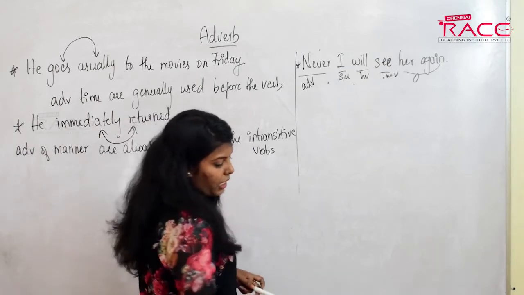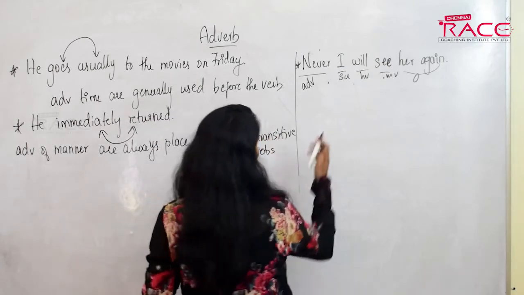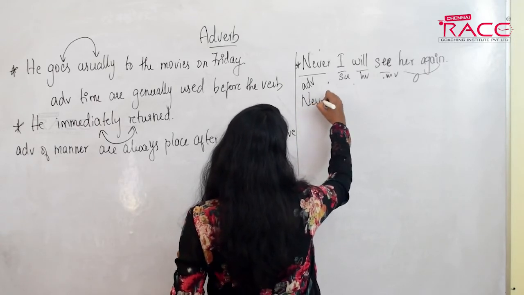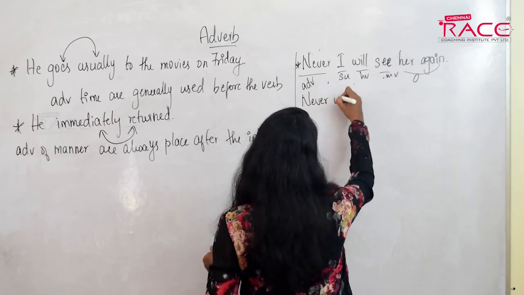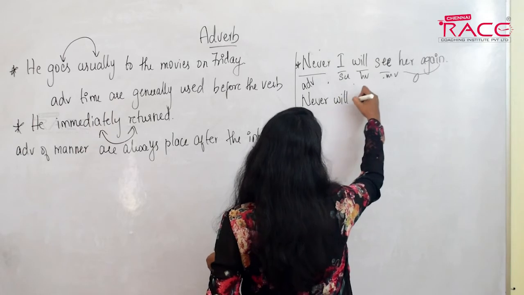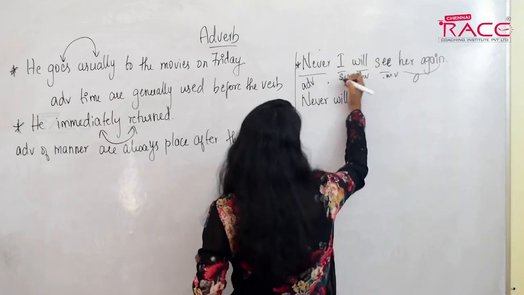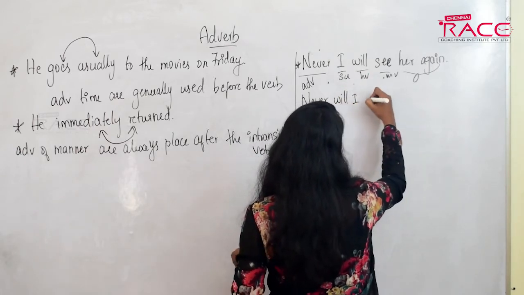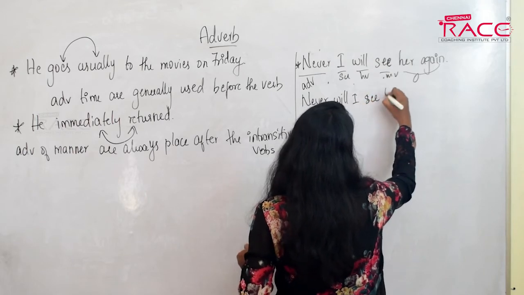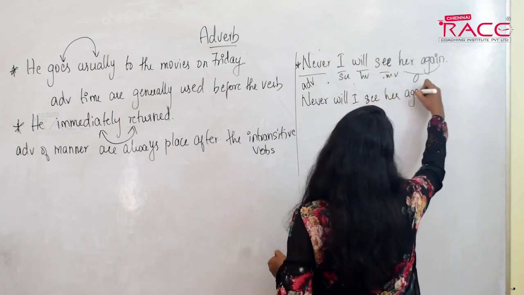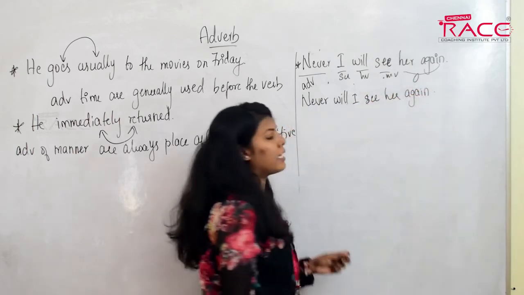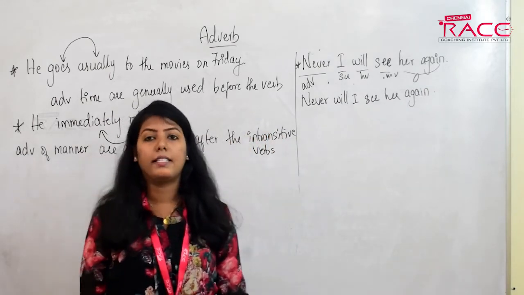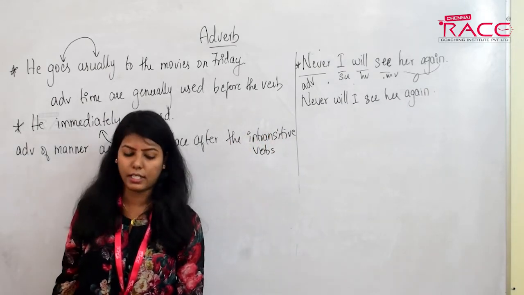It must be changed like this: adverb, then helping verb, then the subject, then the main verb, and then the object. So this is the correct format: Never will I see her again.